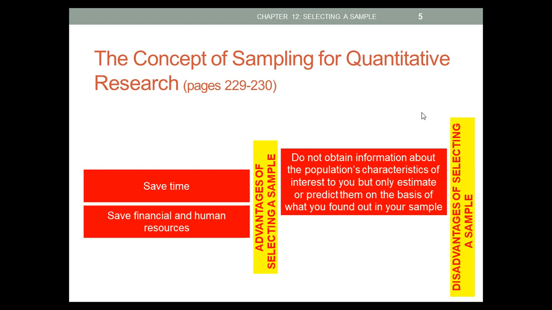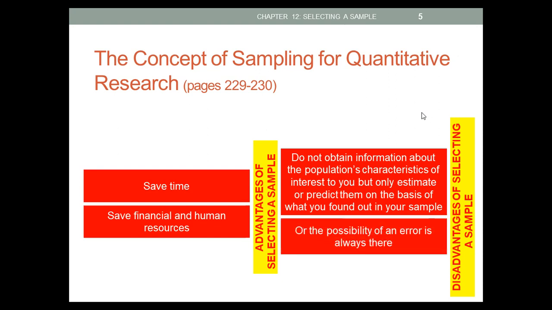So when we collect data from a sample, we compute sample statistics, such as average annual income, or the average age, or the attitude. We do not collect such information from the population, and then we generalize the result. We can make only an estimate. So when we make an estimate, when we make a prediction, the possibility of an error is always there.